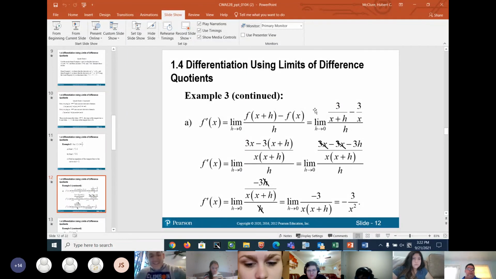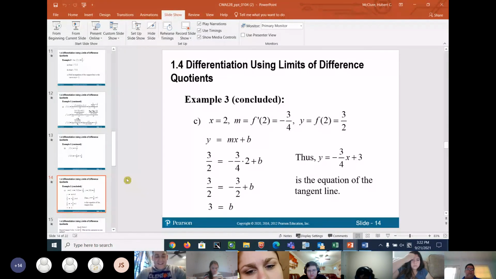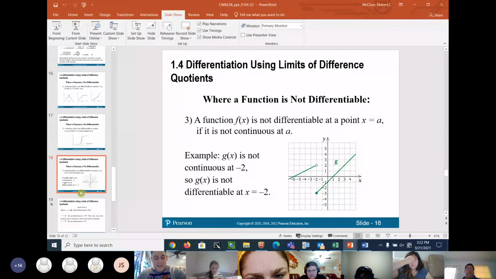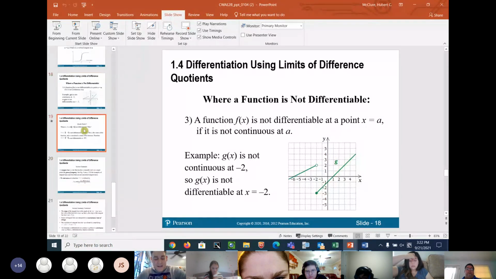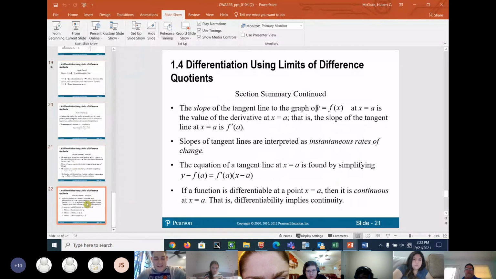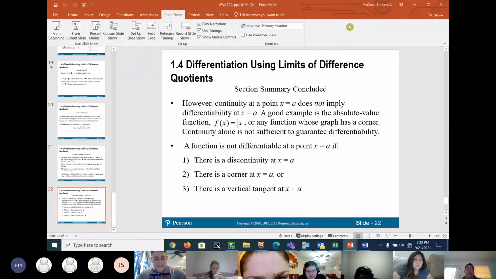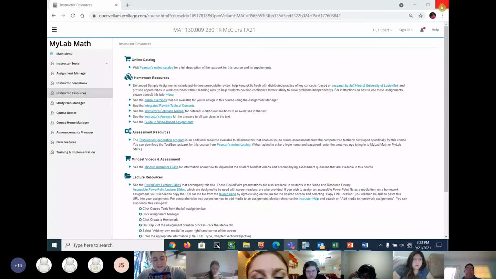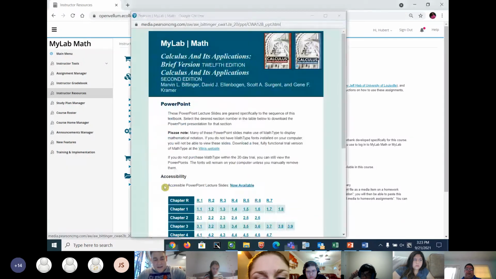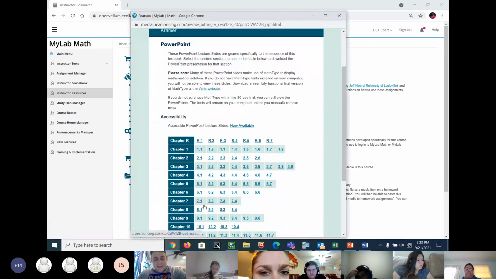Next. Let's see if they give us another one. Nope, they don't give us another one. So that's 1.4. So let's look at 1.5. Because that's where you're going to start seeing us getting into calculus.